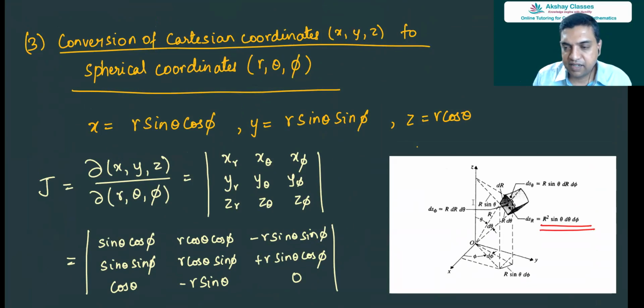This is Z, this is X, this is Y, this is phi, this is d phi. Now this point is R. When I do a projection, this projection is R sine theta, because this is theta.